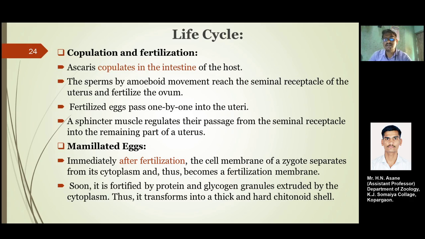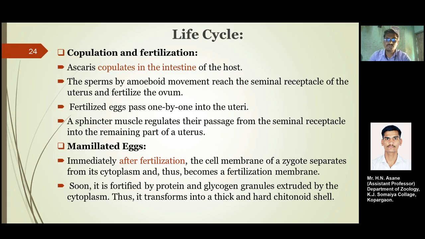Okay, as soon as it passes from the stomach to the duodenum or the small intestine, where there is an alkaline medium, that alkaline medium dissolves the egg shell or the chitinous shell, and after that the fertilized ovum is going to be released into the lumen.